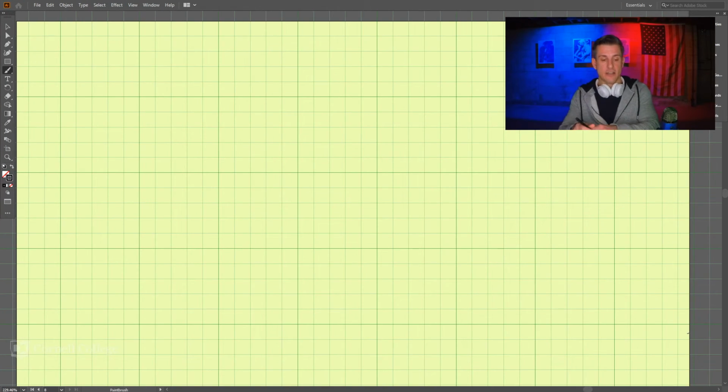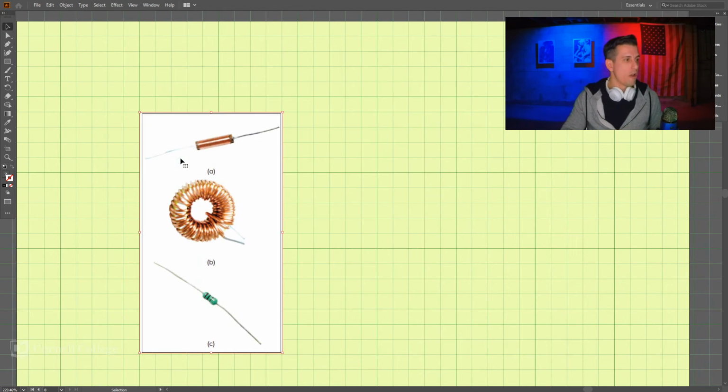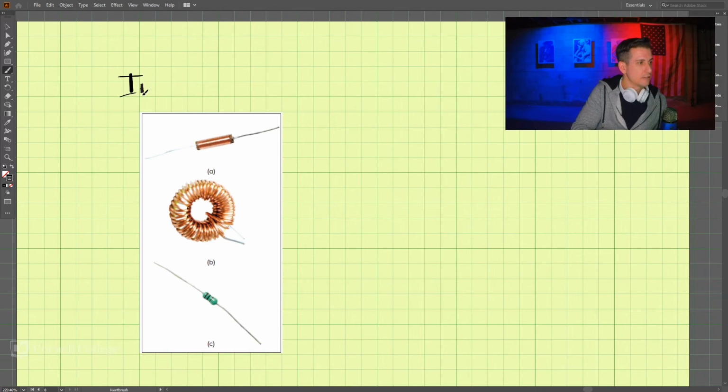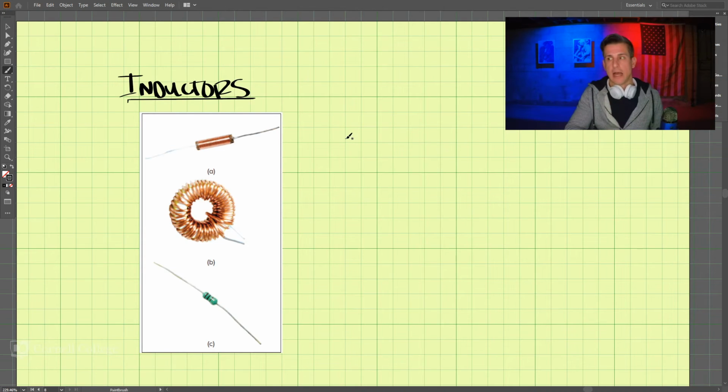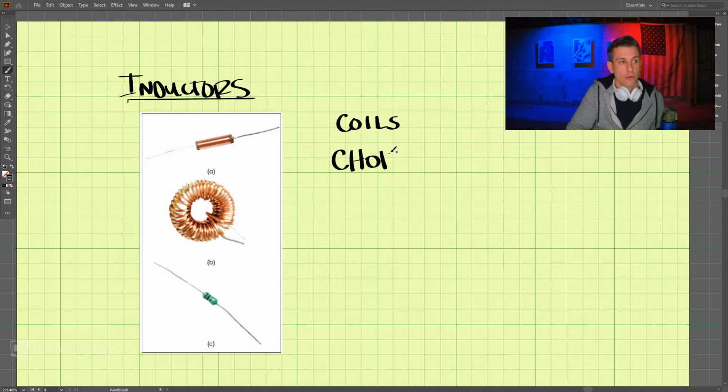So let's take a look here at different inductors. These are all inductors. They are sometimes called coils, and sometimes called chokes.